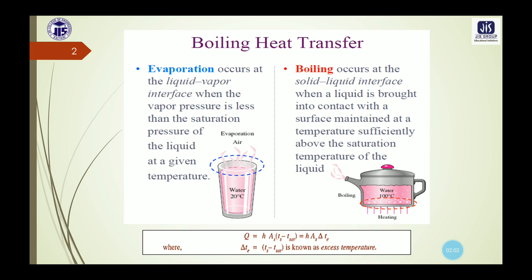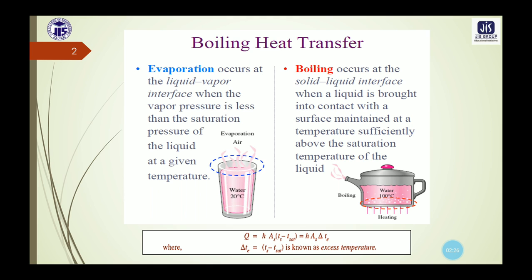But boiling is the phase change which occurs at the solid liquid interface when a liquid is brought into contact with a surface maintained at a temperature sufficiently above the saturation temperature of the liquid. In this diagram we can see that at the bottom of this container the water started boiling.